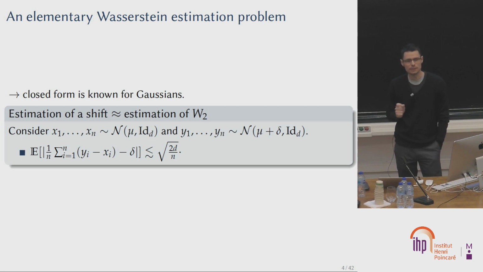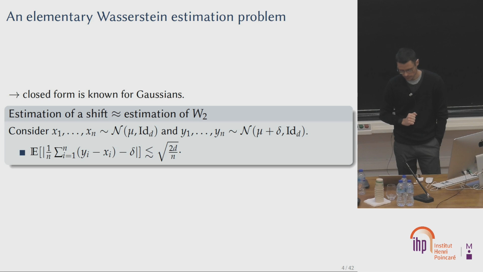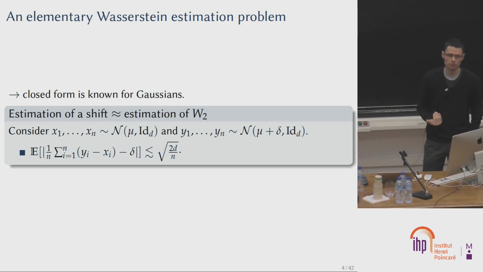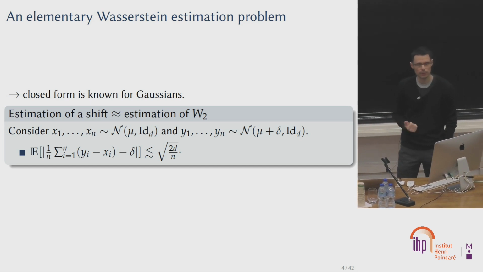So it's slightly dependent on the dimension, but not too bad, okay? And this is minimax optimal. It means that you cannot beat it. So the best we can hope for is to have estimates in 1 over square root n.